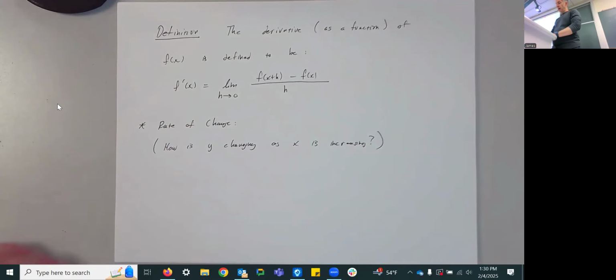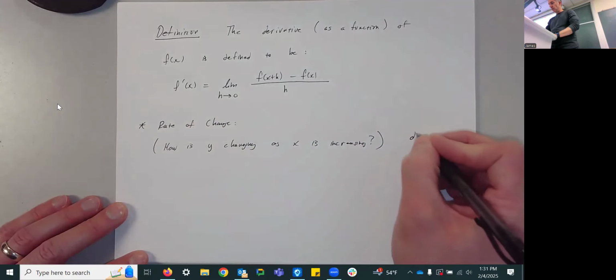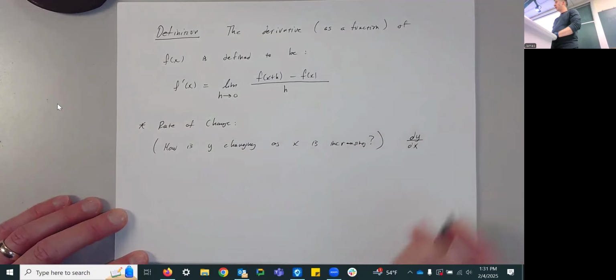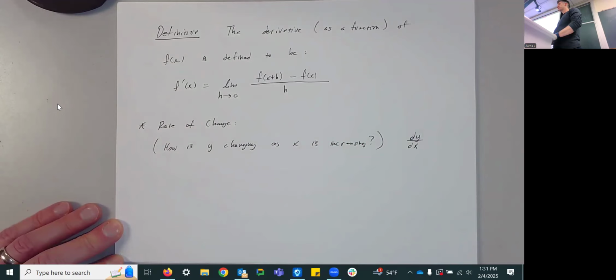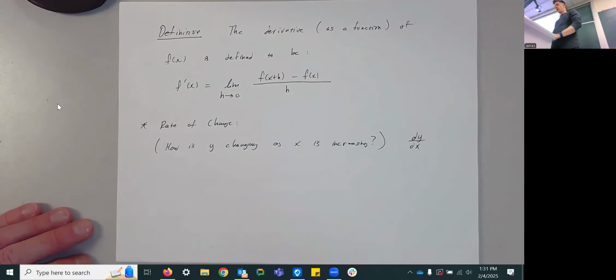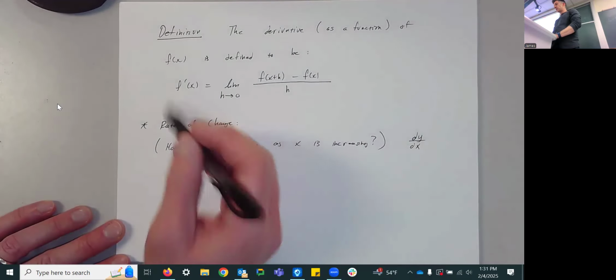Which we often write as dy dx. A small change in y divided by a small change in x. And there's lots of notation for derivatives, which we'll talk more about as we go along. This is pretty typical, so is this.